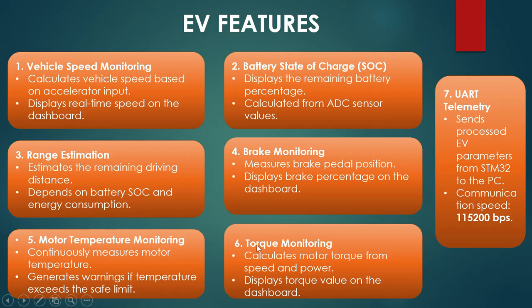Next important feature is torque. It represents the rotational force produced by the motor. It also displays the torque value in the dashboard. After calculating all the parameters, the STM32 transmits them through UART communication at 115200 baud rate.